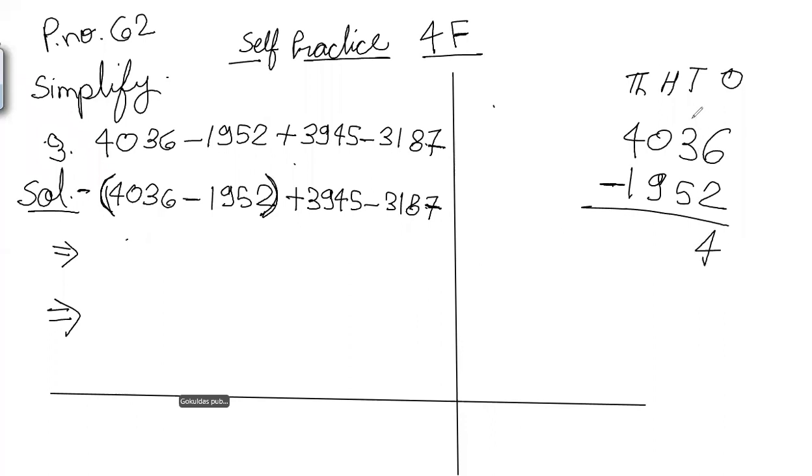4. Now solve tens column. 3 minus 5. You cannot subtract 5 from 3. So you need to take borrow. It will become 13. 13 minus 5.